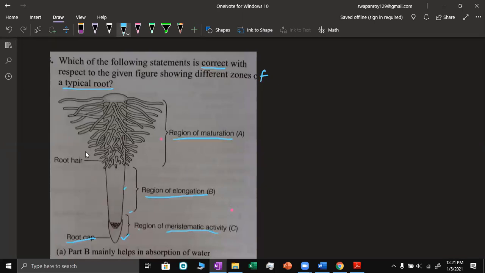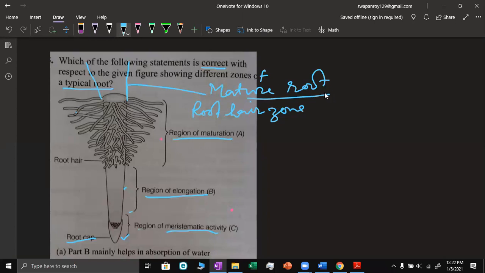In this region, the first thing is the root hair. So this one is also known as the root hair zone. And if we go beyond this, then this portion is mature root. Okay, mature zone. This one is maturing and this one is matured.